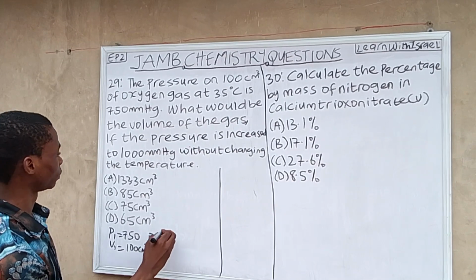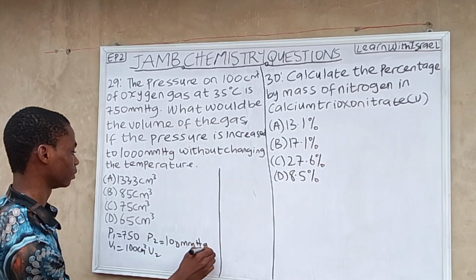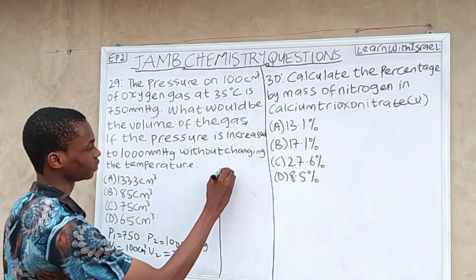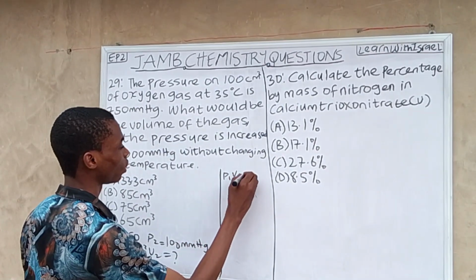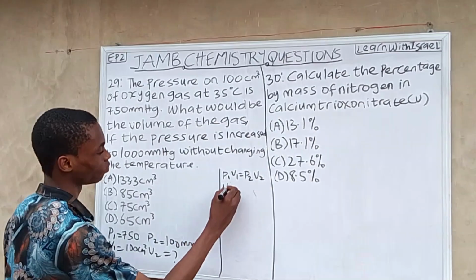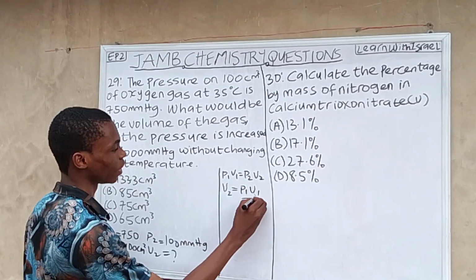And our P2 is 1000 mmHg. And our volume is unknown. So P1 V1 equals P2 V2. So we make V2 the subject of the formula. So V2 will give us P1 V1 over P2.